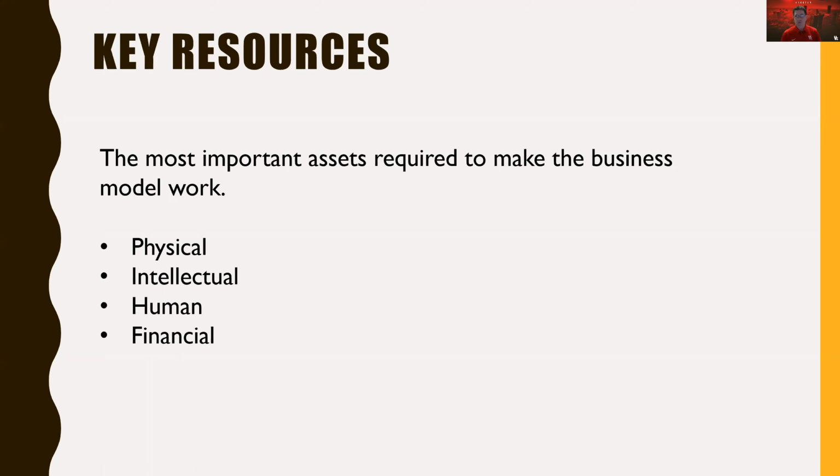Human assets, those are the people working in your business. Like, let's assume that you are a marketing agency. The people who are doing creative for you, those are very important assets in your business. And then the financial assets are straightforward. It's things like cash or lines of credit. In other words, how do I keep my business functioning?